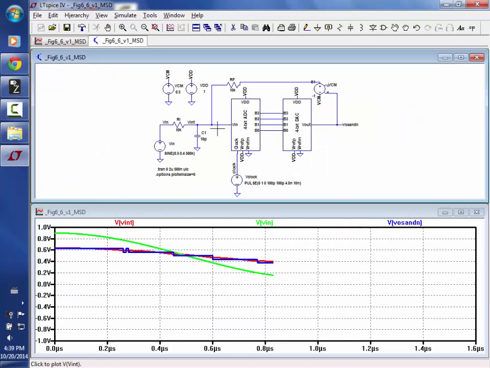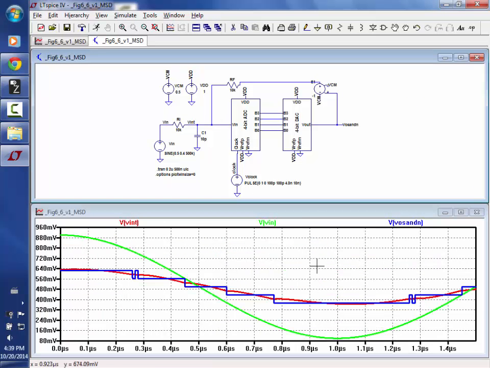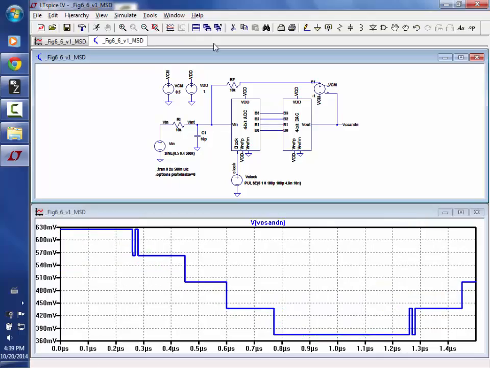Let's try it again. It should work. Let's see, V out S and N. So let's push this here, and then let's look at the output. That's right. Yeah, but this is right.